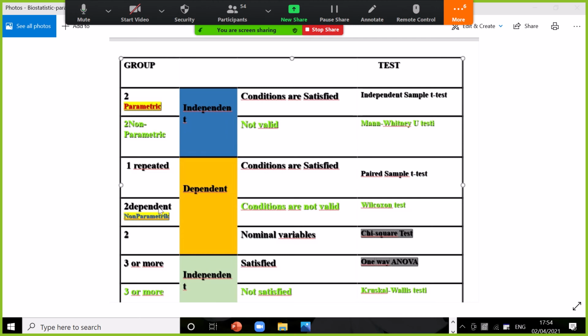Also, if we have 2 dependent variables, like for example, we have measured 100 people, let us say in Nicosia, 100 people's COVID-19 test results in February, okay, on 20 February. And then we have a repeated test.